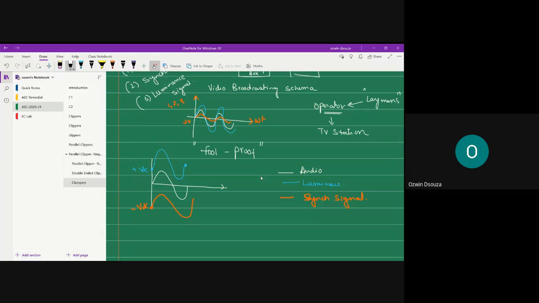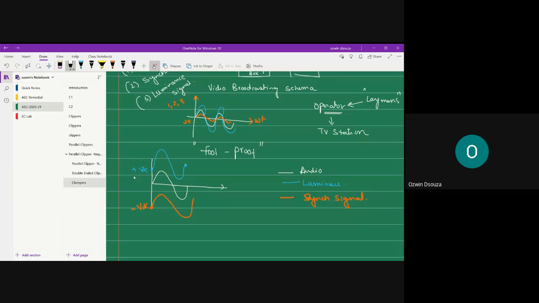Sometimes you must have seen on your television that there is not any proper sync between video and the audio. Whenever this sync problem comes into the picture, the operator can communicate to the station master about the problem.